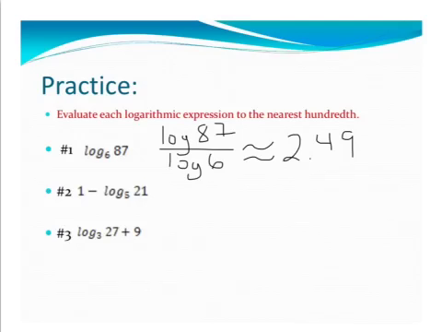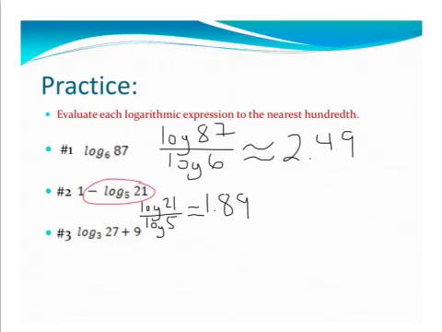Next one. Well, I need to figure out this part right here. I know that the log base 5 of 21 is 1.89 rounded. When I plug it in my calculator and do the change of base, I go with log of 21 over log of 5.